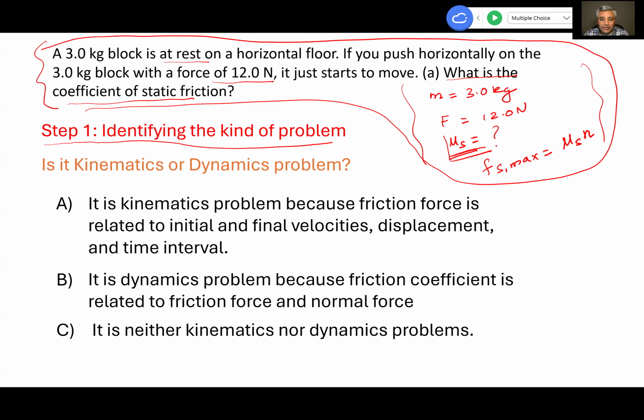Rather, we need to use dynamics because we are looking for this, and this is in this equation, which is basically a force, okay? And we know force and mass are related by Newton's law.